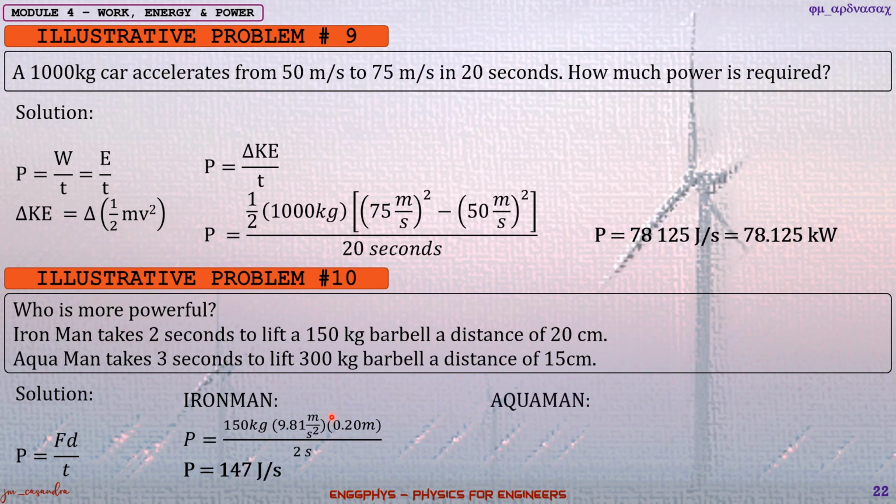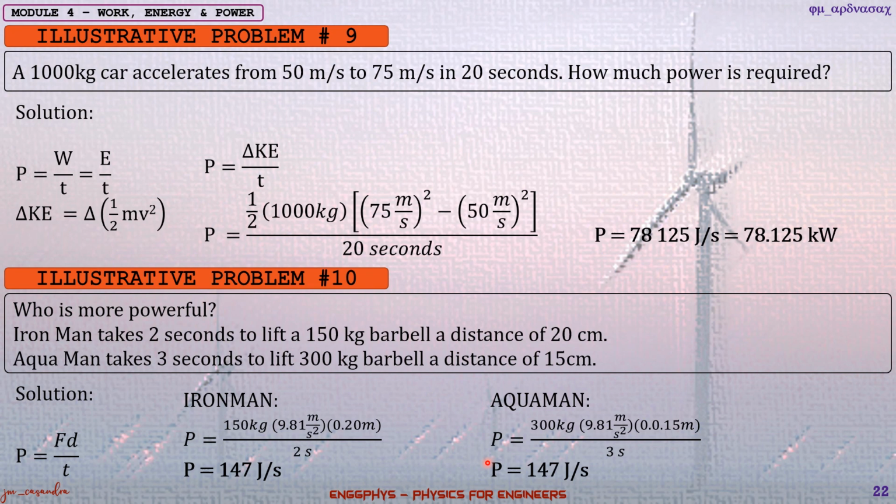And then, for Aquaman, substitute the values of force, distance, and time in the equation. We'll have 300 times 9.81 times 0.15 divided by 3 seconds, which will give us 147 joules per second. So they have the same values, therefore, both Iron Man and Aquaman have the same power.